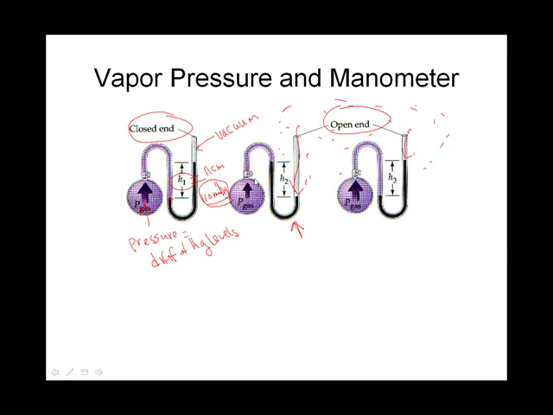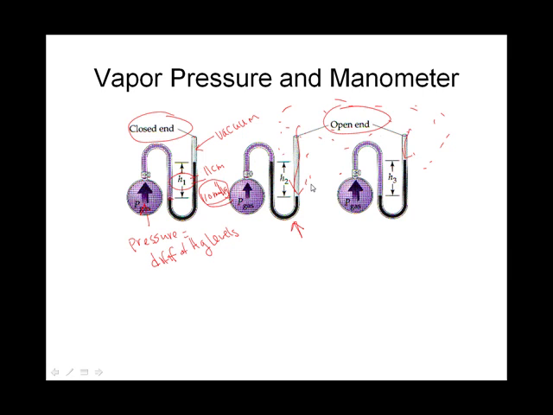So over here, you can see that the mercury level is higher on this end, which will probably let you know that the pressure is greater outside, hitting the mercury harder on the right end and pushing up the particles here. But there are still gas particles pushing the mercury level down here on this side, but it's just less force on this area than onto the area that is open to the atmosphere. So we now know that the pressure inside the manometer is lower than the atmospheric pressure.